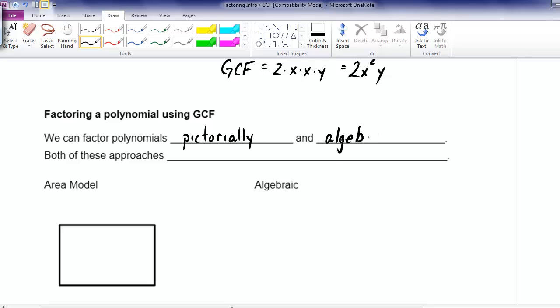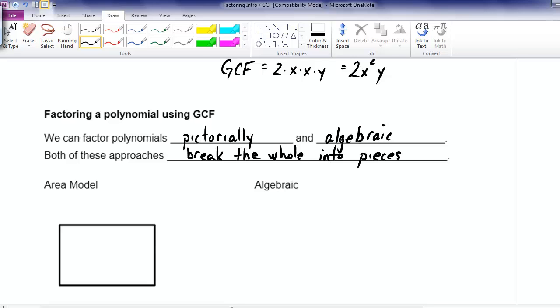That should make absolute sense because remember, factoring is unexpanding, factoring is unmultiplying, and we reviewed multiplication using an area model and algebraically. And both of these approaches, regardless of the one you use or like or understand, break the whole into pieces.